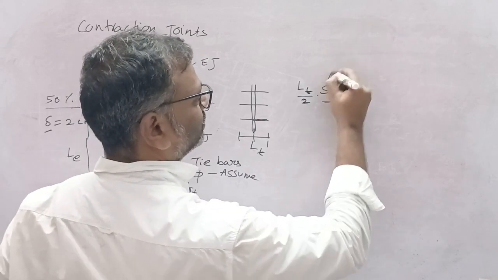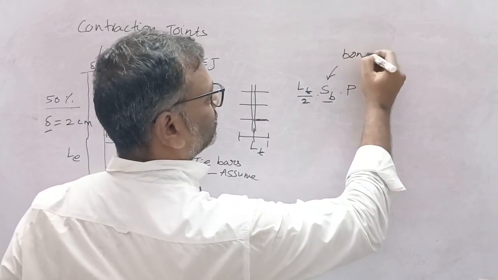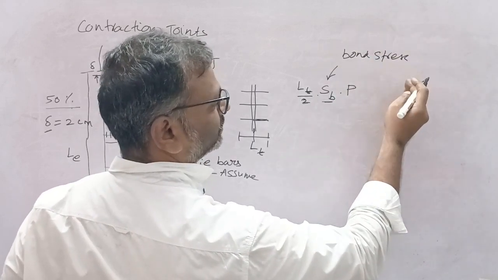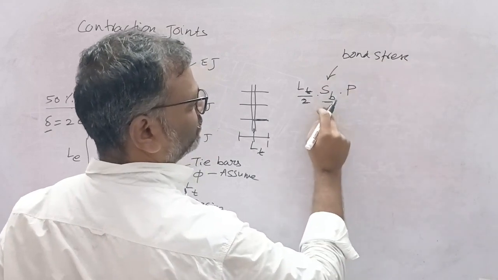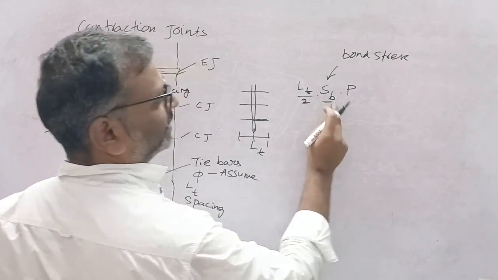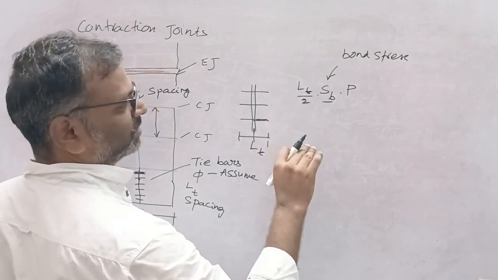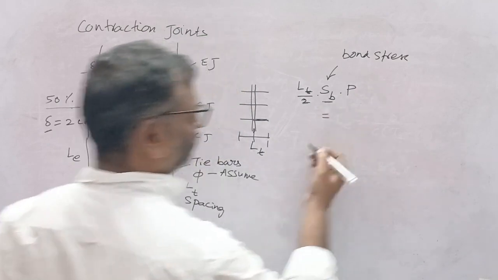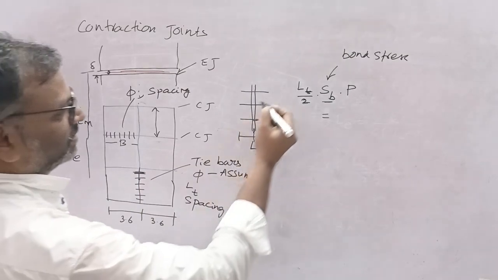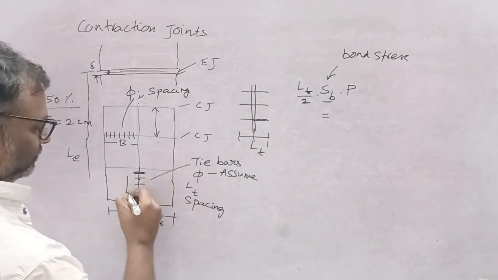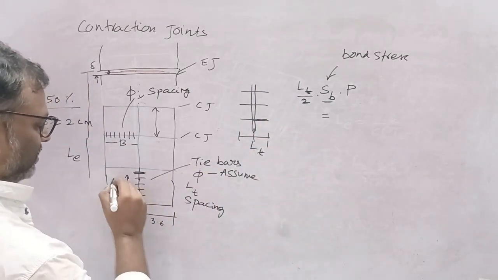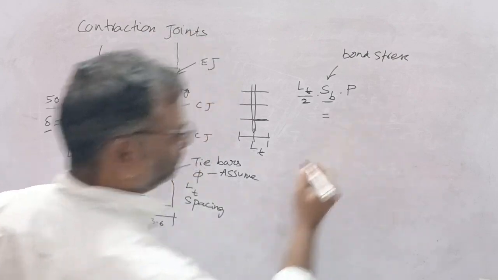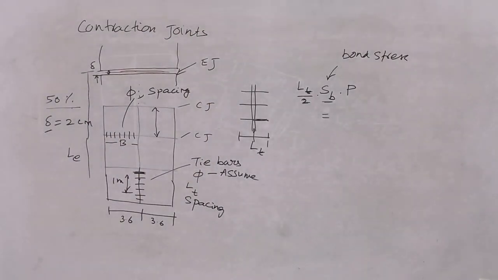And this is bond stress between concrete and steel. If you use deformed bars, you will get a higher stress. If you use plain bars, it is lower. Now this should be equated to, so we will consider 1 meter length.